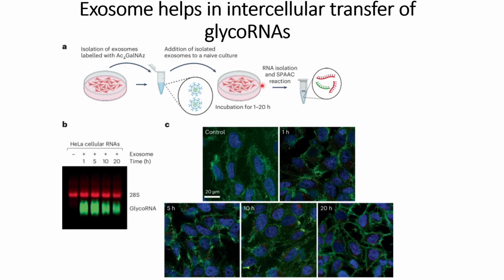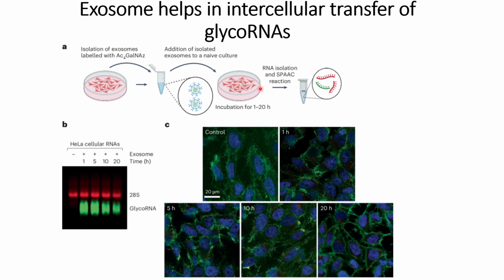So only those glycoRNAs that are formed in the first step will be stained in this second culture, where the native HeLa cells are treated with exosomes containing glycoRNAs from the first step.